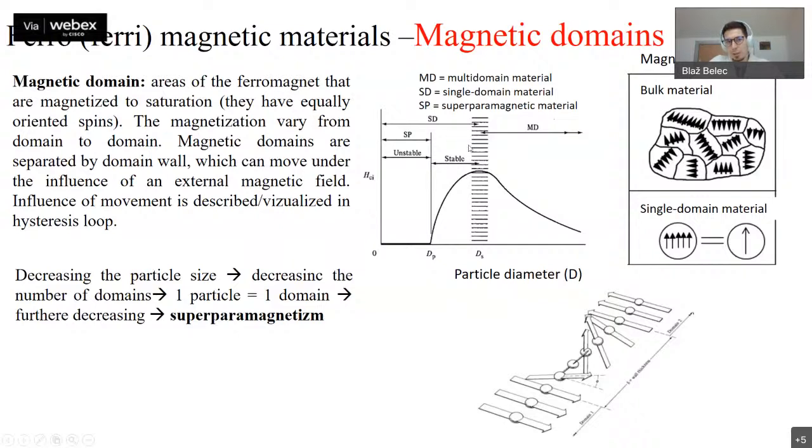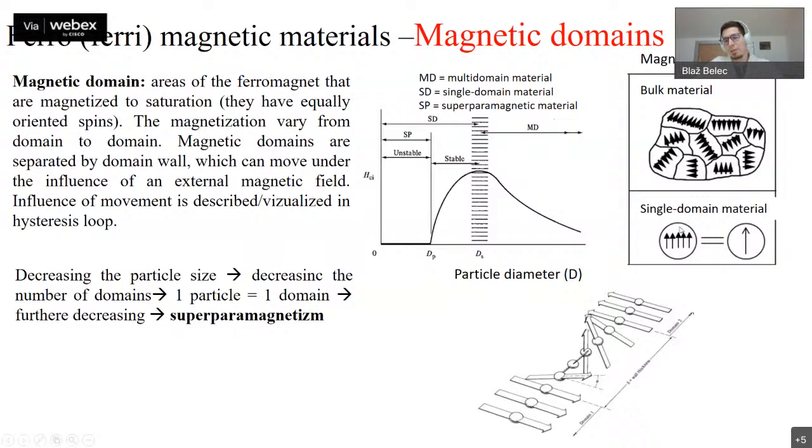And when we decrease the size of the particles, we also reduce the number of domains, and under a certain diameter, we come into the single domain regime. So from this bulk material, when we decrease the size, we get to the single domain regime.